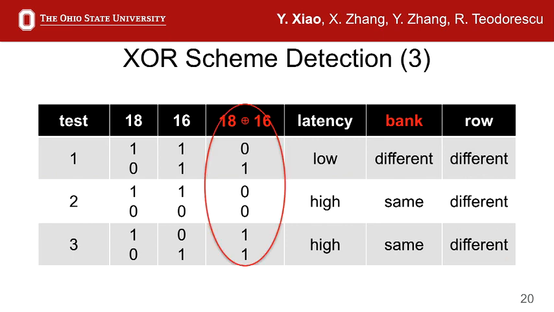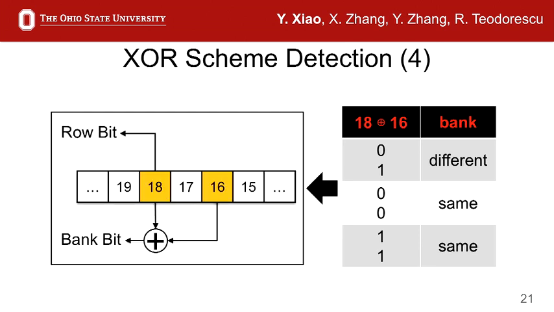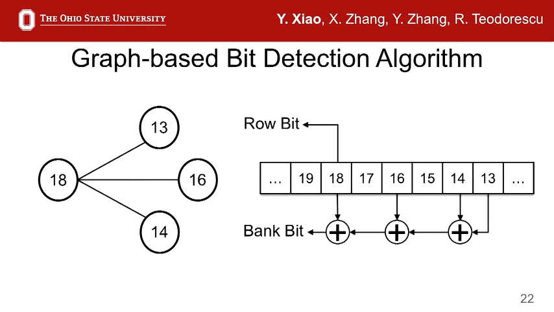Now let's calculate the value of bit 18 XOR bit 16, and focus on the XOR column and the bank column. With this simple table, it is clear that the result of bit 18 XOR bit 16 decides the bank index. Thus, such a setting of the XOR scheme corresponds to our test results. However, this is just the most basic version of the XOR scheme.